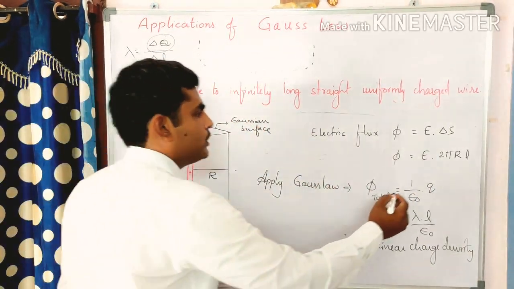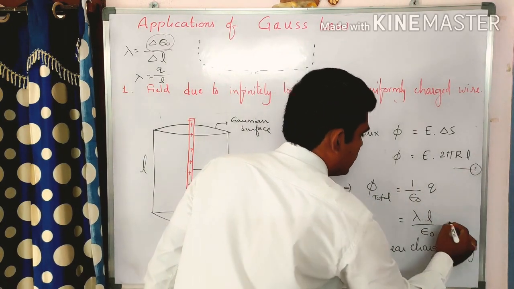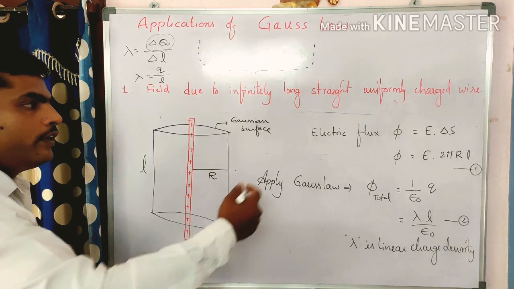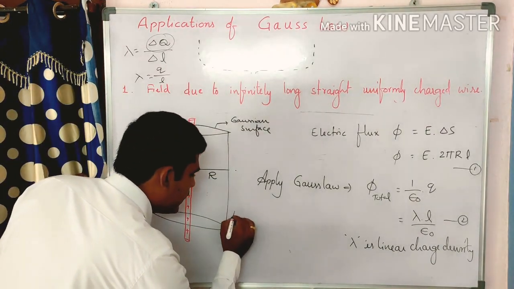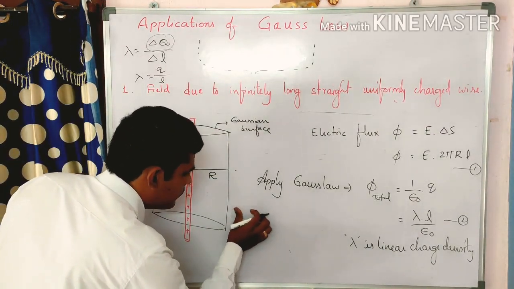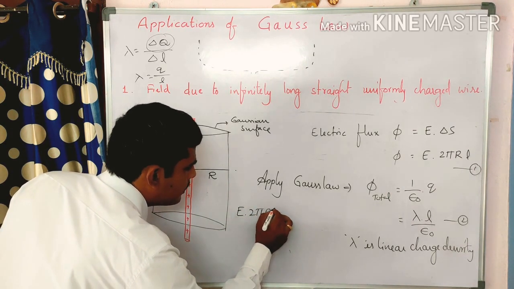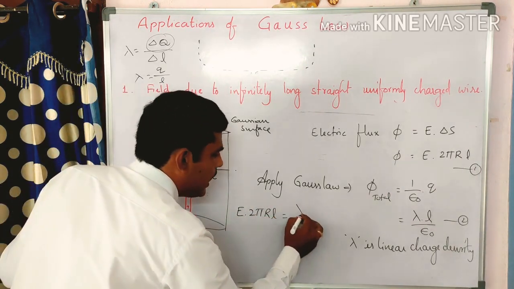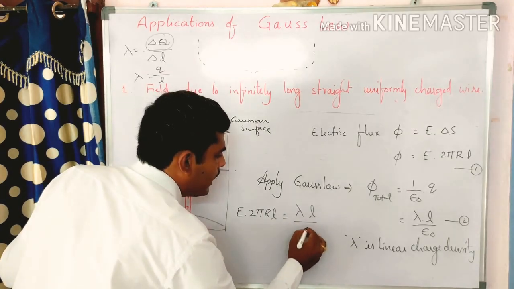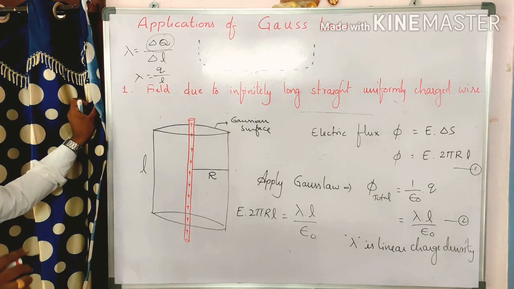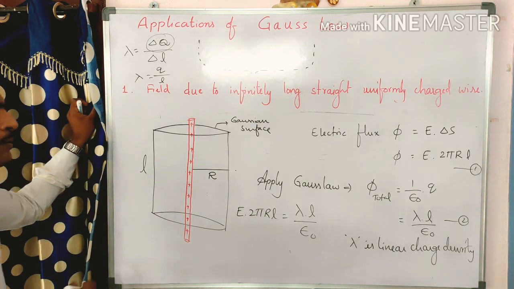Now suppose this one as 1 and this one as 2. These two are representing the flux, so we can equate those two. E into 2 pi r L is equal to lambda into L by epsilon naught.